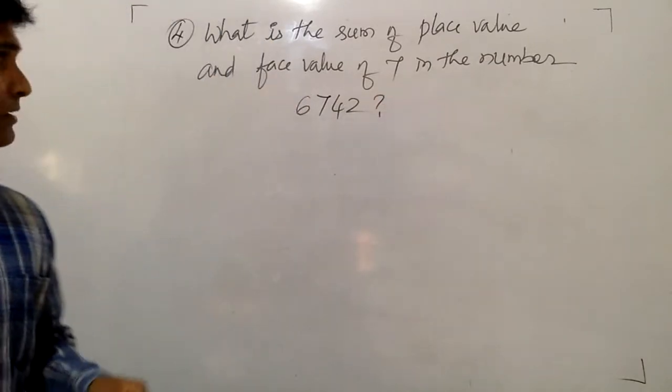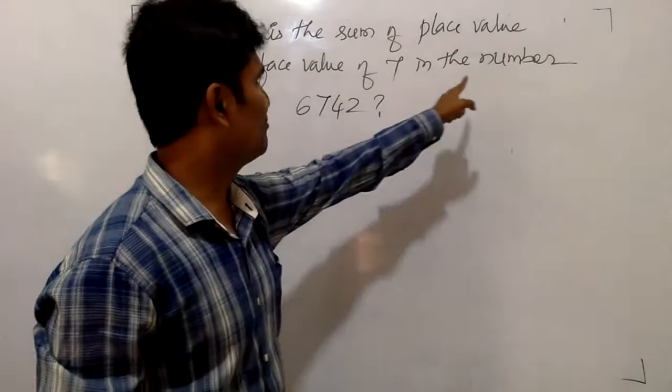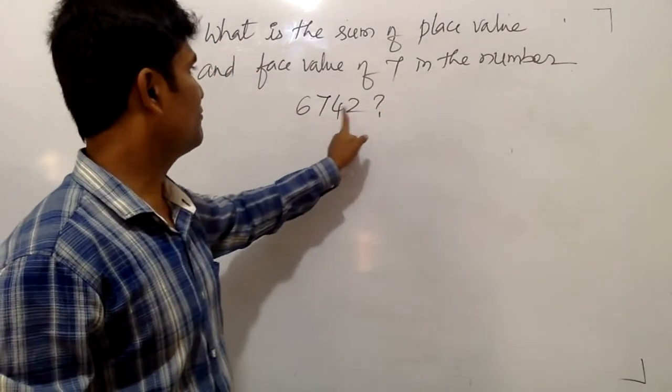Okay, what is the sum of the place value and face value of 7 in the number 6742?